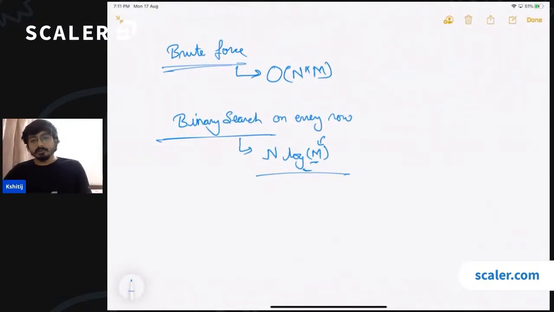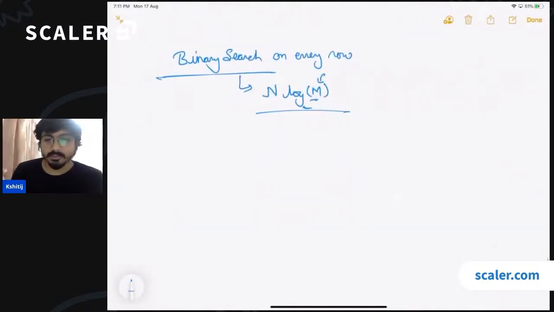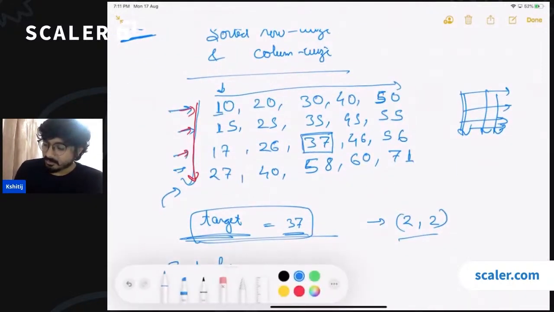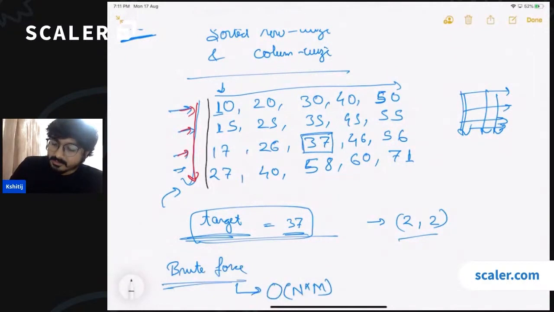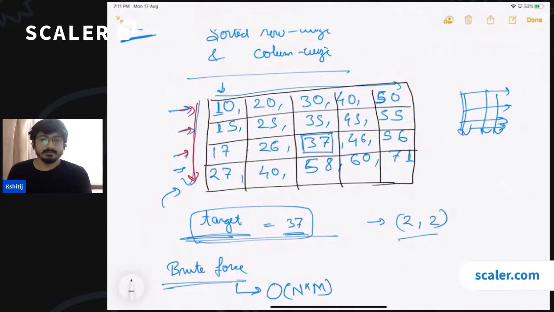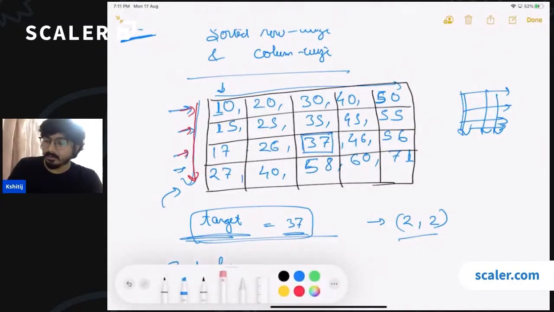Okay, if we want to do better, let us try to make some quick observations. If this is the matrix, let's draw a matrix here. Where can we find the smallest element of this matrix? Can you quickly tell me the coordinates of the smallest element present in this matrix? The smallest element of this matrix is going to be at 0, 0, right?